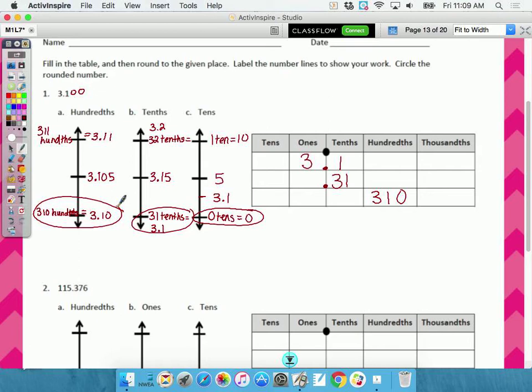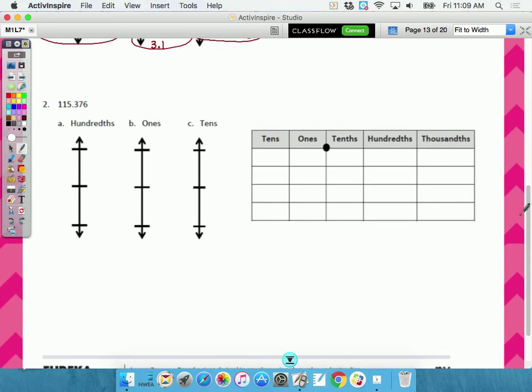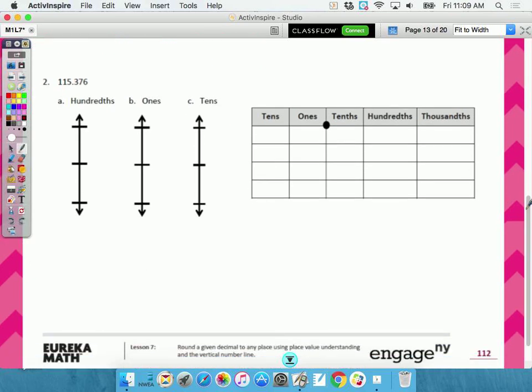Okay, now I think you're really going to like the next one. It goes up to the hundreds place. Oh, yeah. Okay? Now, I looked at this and I went, oh, that's really great. They didn't even give us a place value chart with enough place value on it. But then I started thinking, wait a minute, I'm going to slide digits over anyway. So, how do I write 115 and 376 thousandths on here? 11 tens.